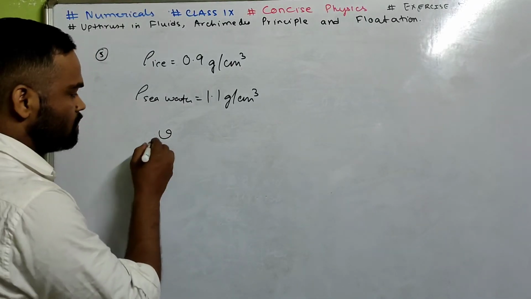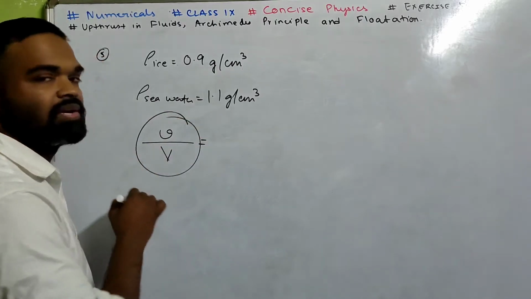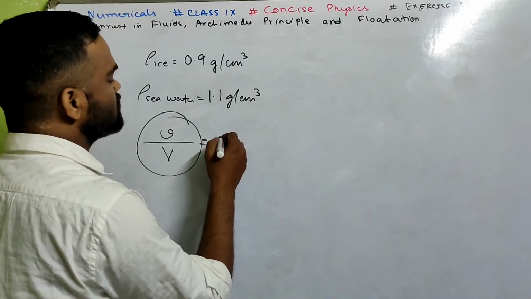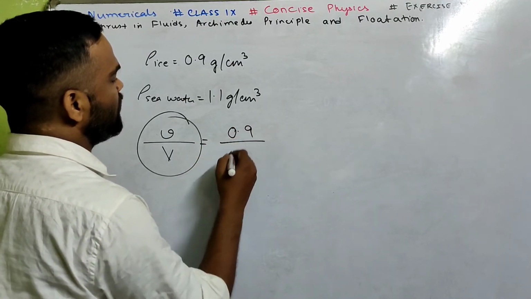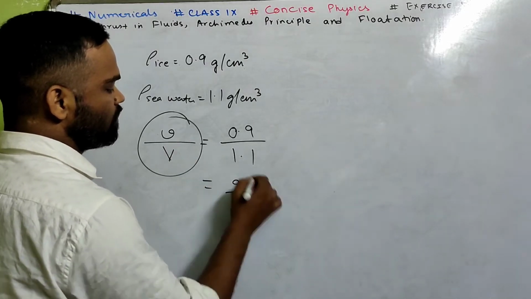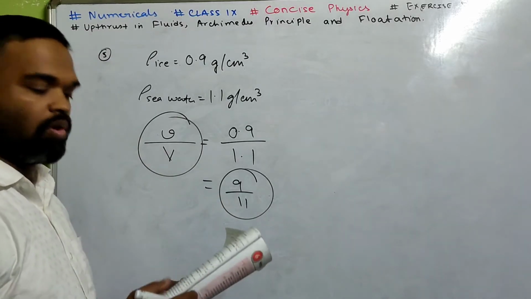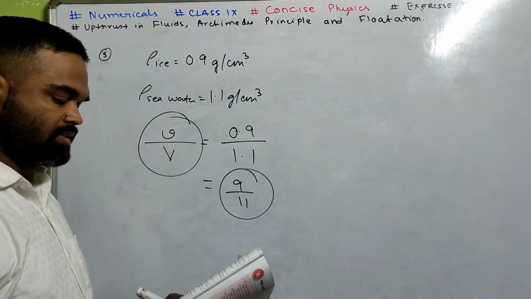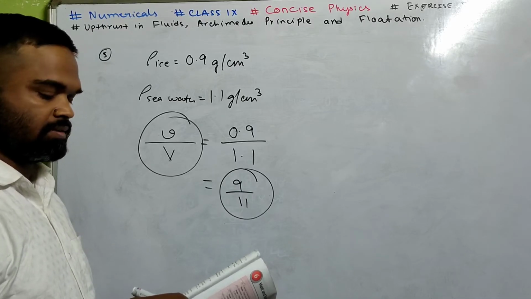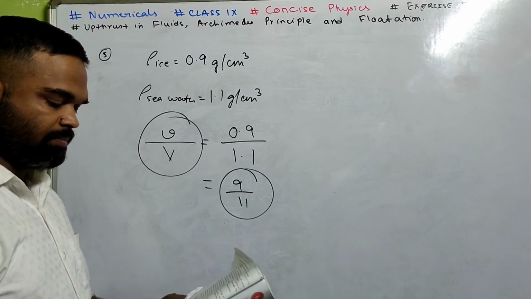Volume of the ice immersed in water by total volume, they want this only. What portion is immersed? That is density of ice by density of sea water, that's 9 by 11. Which means this much portion will be submerged inside water. The answer is 9 by 11 or 0.818 part. That's your answer. Done. Pretty simple.